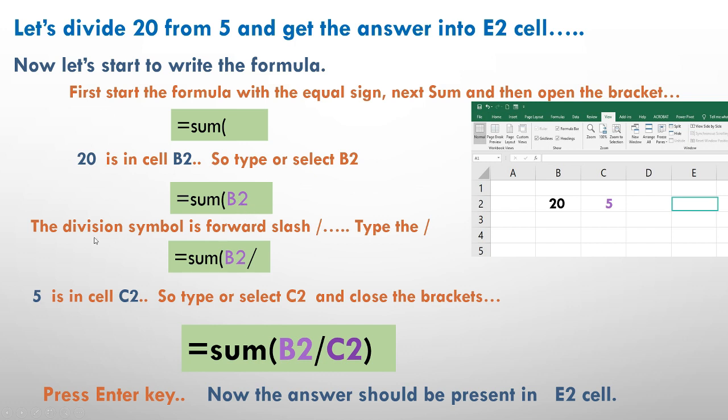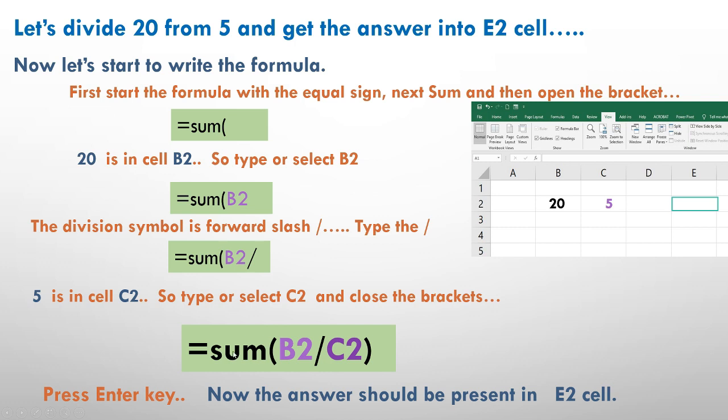The division symbol is forward slash. Now type the forward slash. And then we can take the next number, the divider, it is 5. So 5 is in cell C2. Type or select C2 and close the brackets.